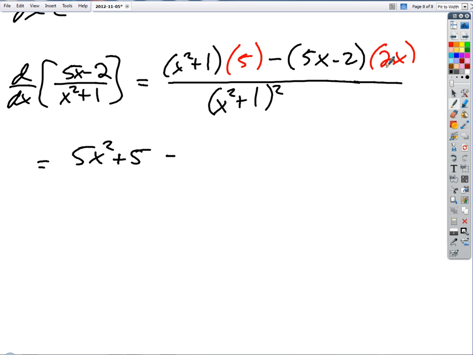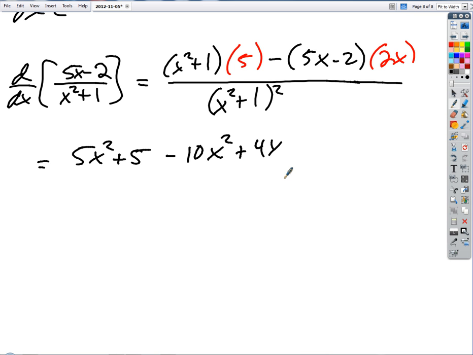Okay, what next? Negative 10x. Okay, minus, and I'm going to get 2x times 5x is good, 10x squared. Okay, and if we count the signs here, I've got a negative times a negative, so it's positive.